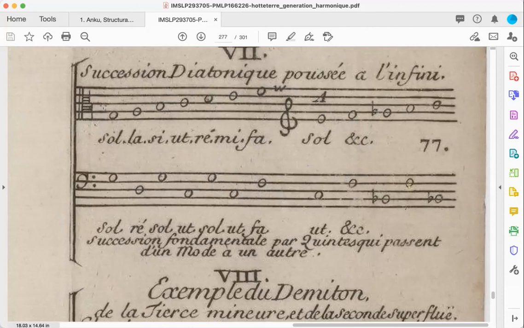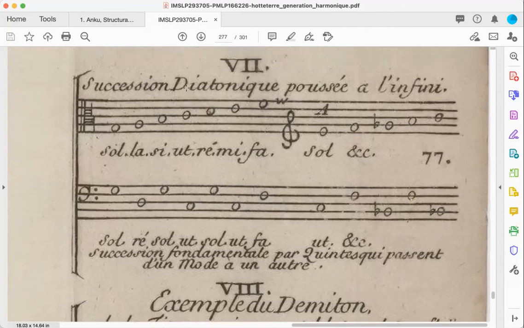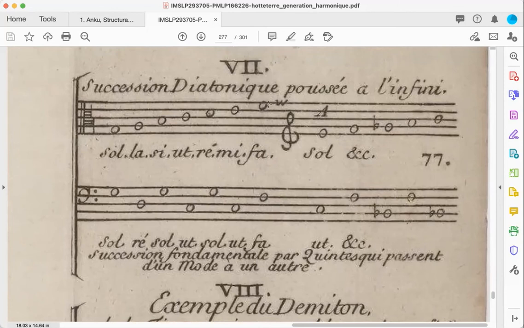So Rameau's imagining a kind of infinite diatonic progression that is constantly modulating flatward, which would give rise to a scale that could sort of keep going. But you can never, with good tuning, again, reach the tonic.